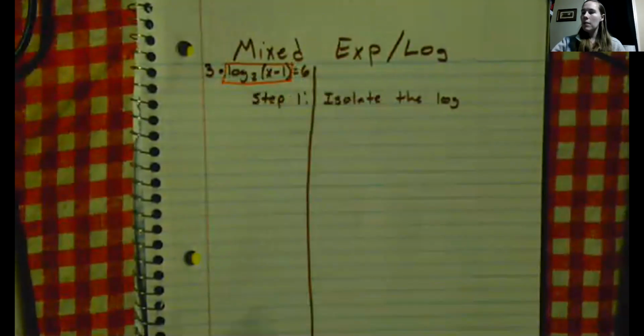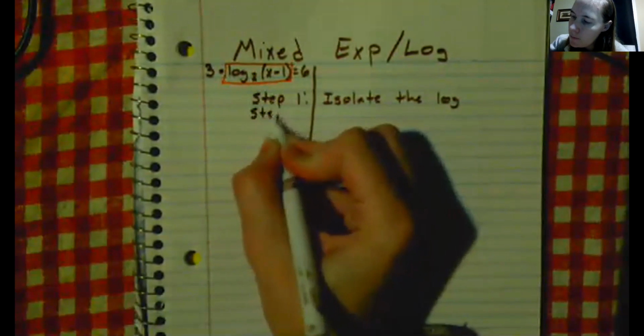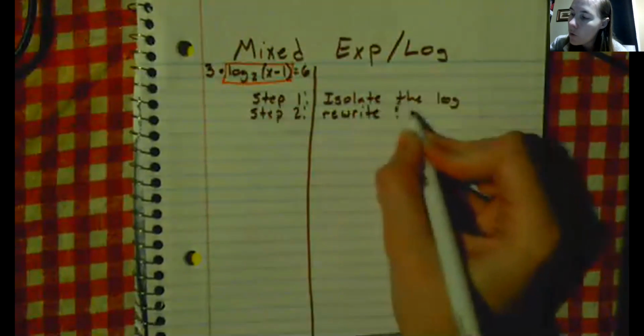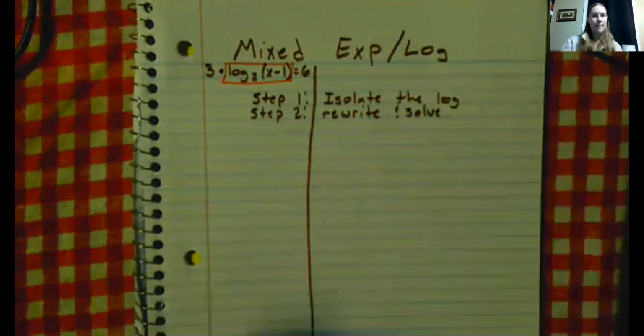What I mean by that is because we have a whole bunch of stuff over here, we only want whatever the log has. So we want to get that alone. That'll be the first step. Then step 2 will be to rewrite and solve, what we've been doing this entire time.